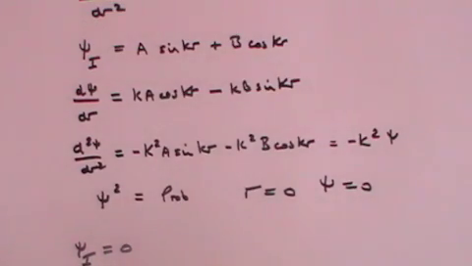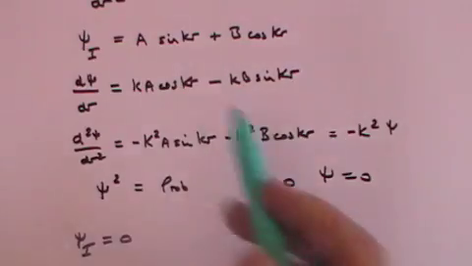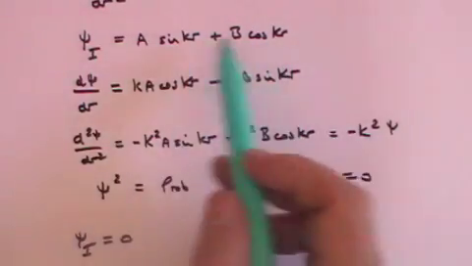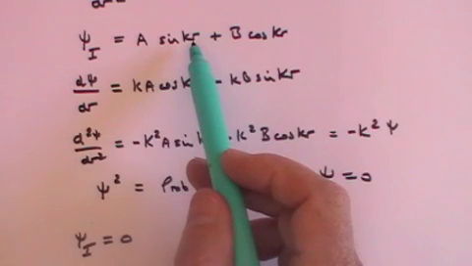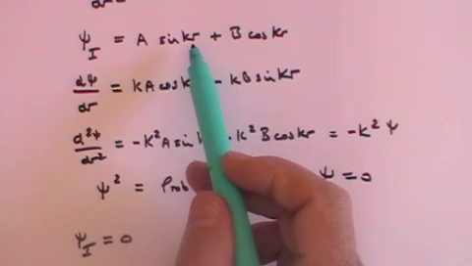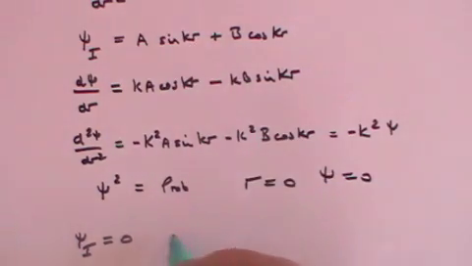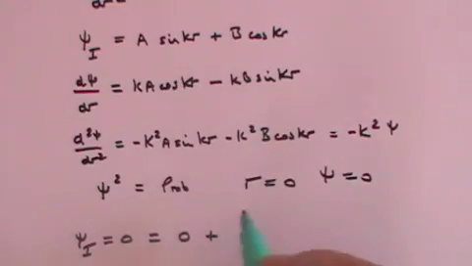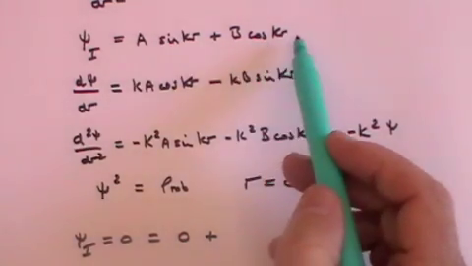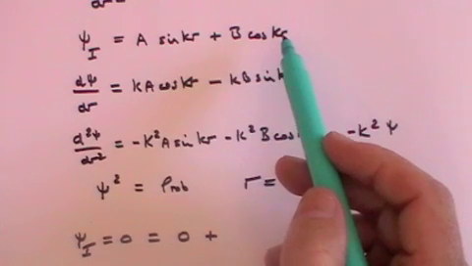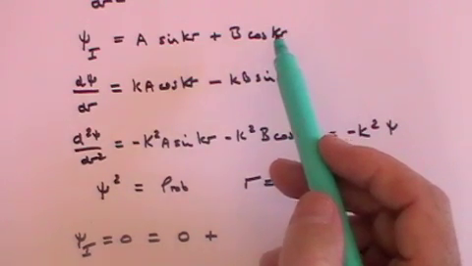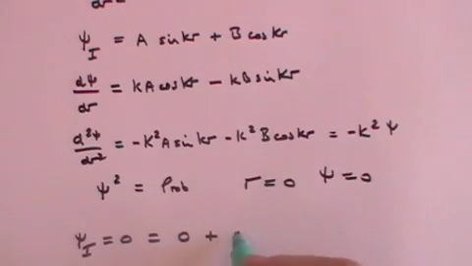So the probability of finding a separation of 0 is 0. Psi squared is 0. So if that's the case, then I can say that psi in region 1 is 0 when r is 0. Well, let's just keep this in. So I'm looking along this line here. When r is 0, sine of kr will be the sine of 0, and the sine of 0 is 0. So that's going to be 0, plus the cosine of kr will be the cosine of 0. Cosine of 0 is 1. 1 times b is b.